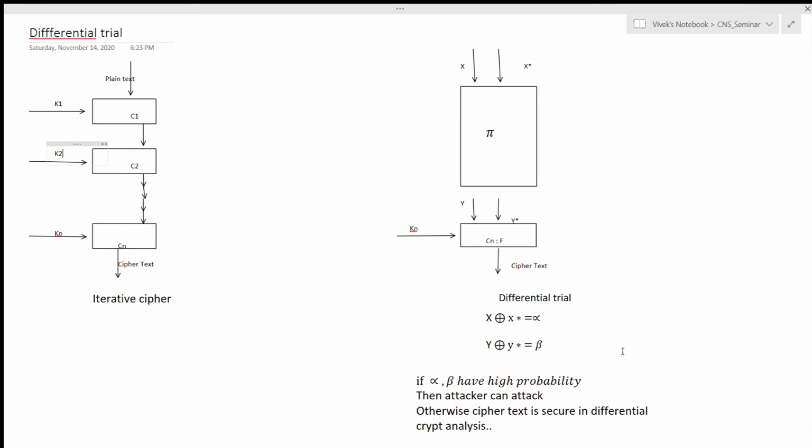As we continue with different x and x star, we will generate different values of beta. If alpha and beta pairs come together with high probability, the attacker can attack. Otherwise, the ciphertext is secure under differential cryptanalysis. This is what is known as the differential trail.